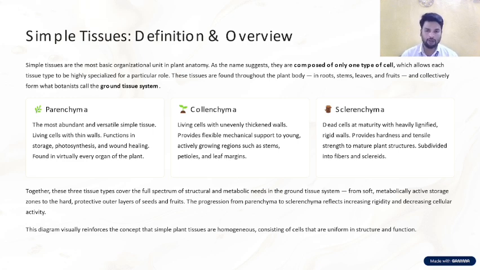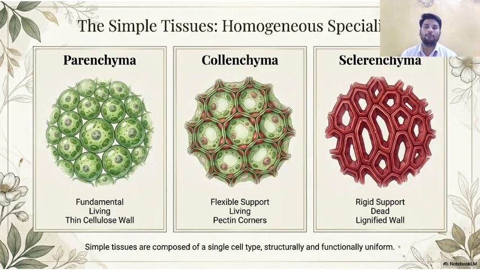The progression from parenchyma to sclerenchyma reflects increasing rigidity and decreasing cellular activity. This diagram reinforces the concept that simple plant tissues are homogeneous, consisting of cells that are uniform in structure and function.